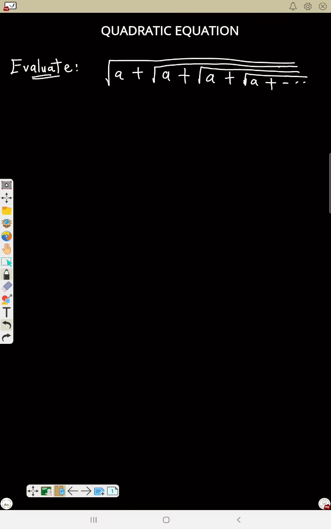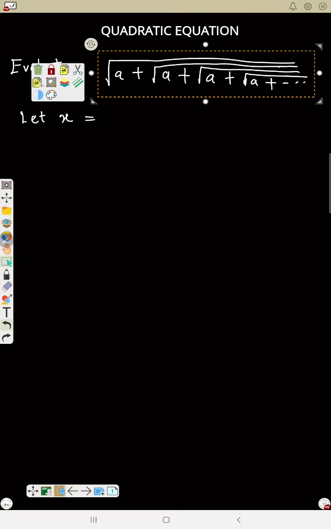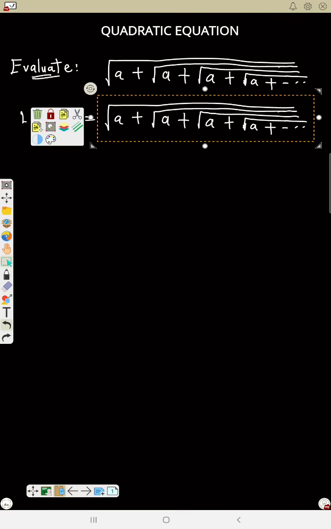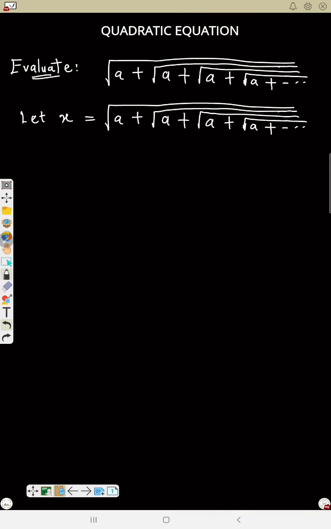Now the first thing we can do here is use the approach by saying let x equal to square root of a plus square root of a and so on. So we say let x equal to this, then we are going to square both sides.